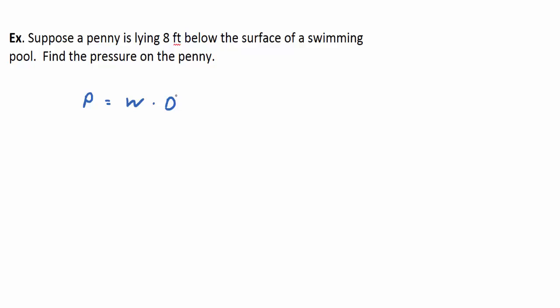Let's actually do the unit analysis on this one too. Usually, I don't like putting units in the middle of a calculation, unless I want to learn something about the units. But let's put the units in here. We're dealing with feet, right? Which tells us that we're using English units. So the measurement your book uses for the weight density of water is 62.5 pounds per cubic foot.